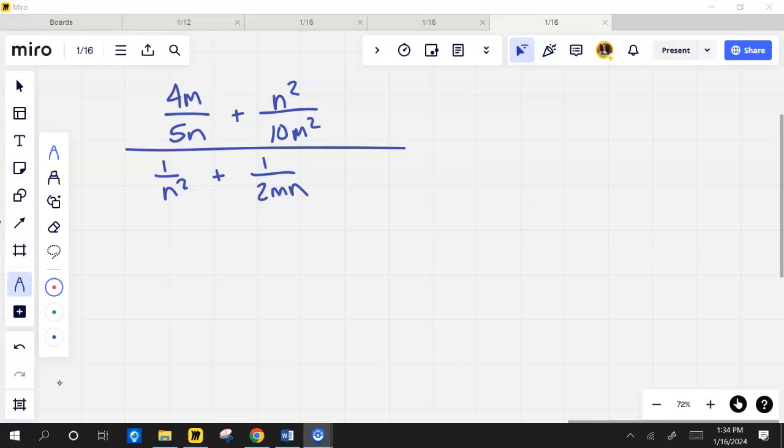Okay, let's look at this one. Several of you are stumped on this one. LCD is the hardest. I bet you are. The LCD is the hardest? No, I don't know. All right, tell me this. For the top. What's the LCD?